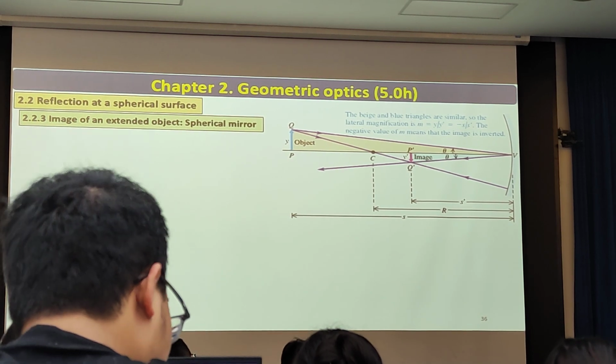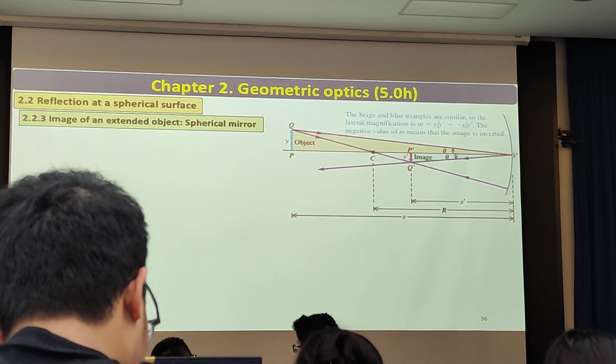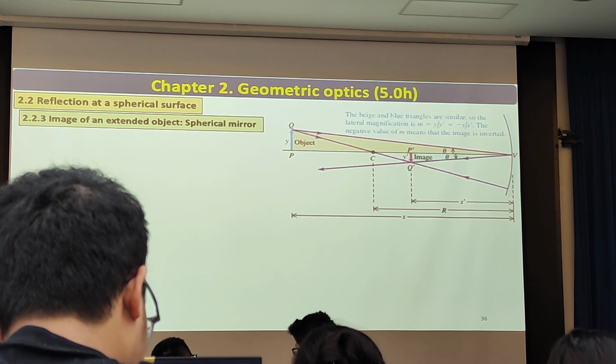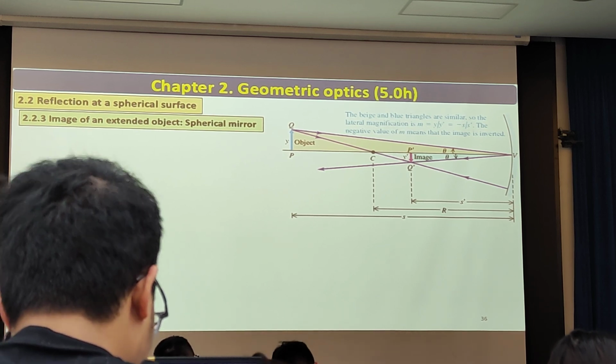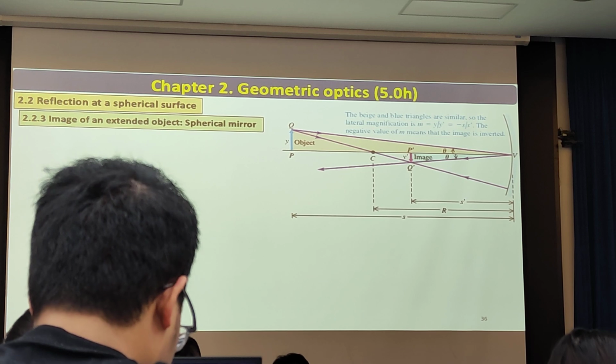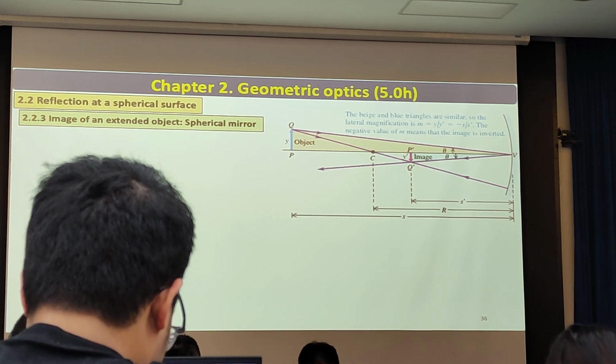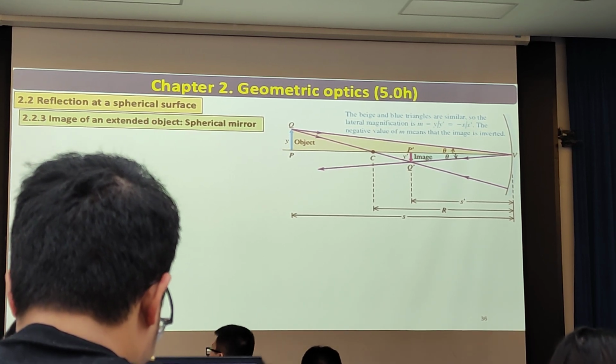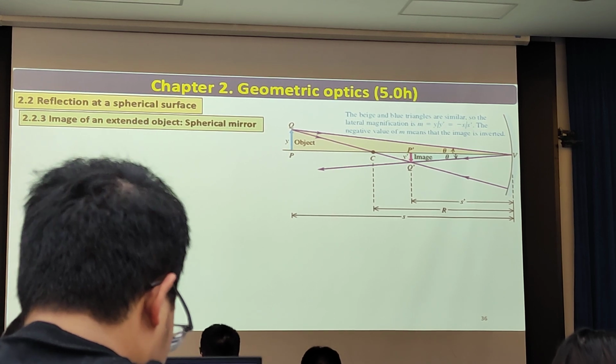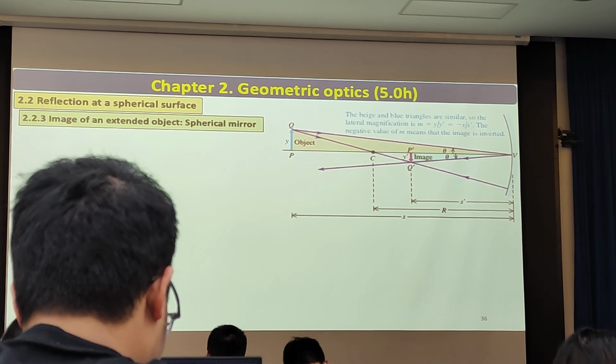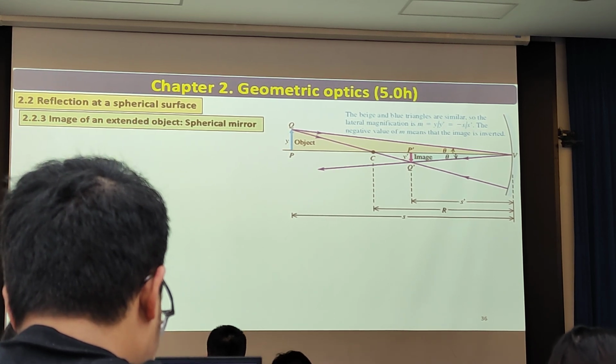Now we will have a look at the case of a convex mirror. So here we have the center of curvature is here. So here is the vertex as well. So normally you should specify the center of curvature, vertex, and also the focal point. And now we look at the solution.